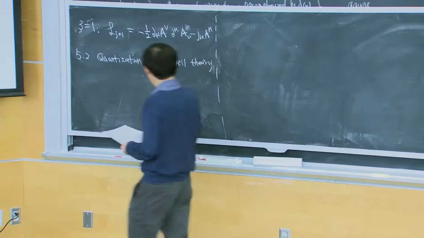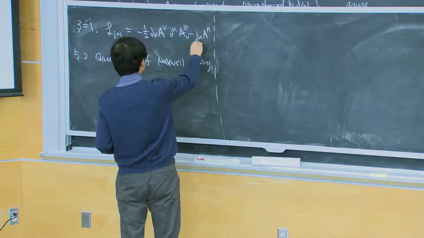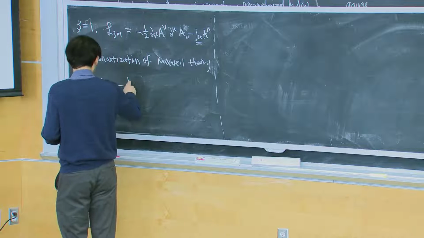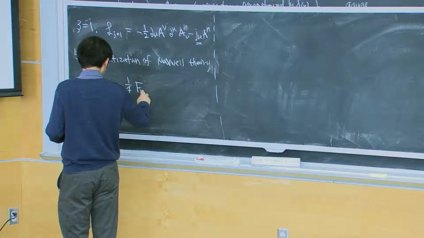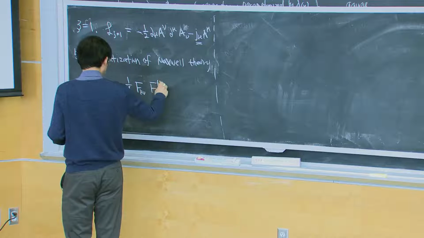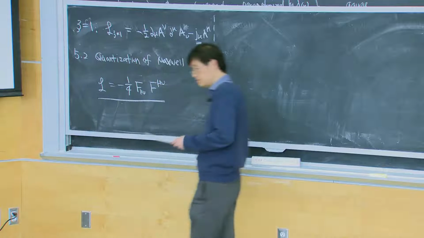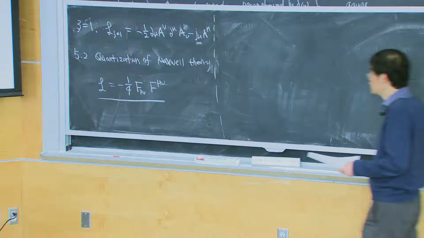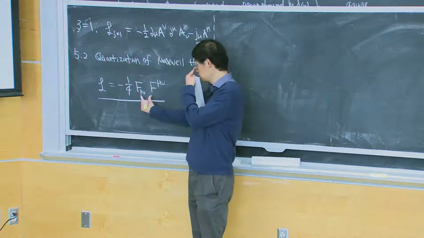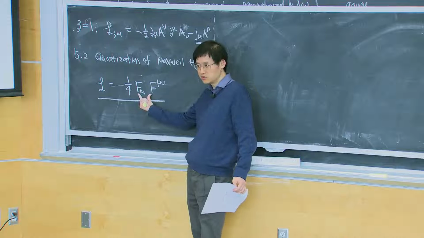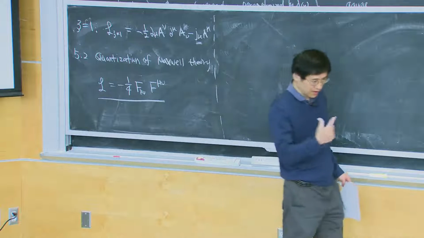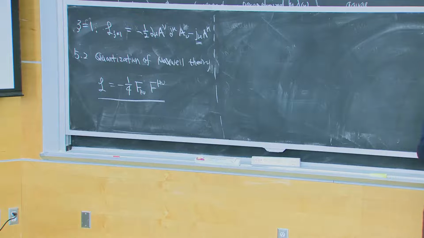So for simplicity, let's just forget about the J mu. Let's just look at the Maxwell theory itself. J mu does not do anything in terms of quantization of the Maxwell theory, so we don't need to worry about it when we quantize this theory. This theory is quadratic in A mu, so this is what we call a free theory.